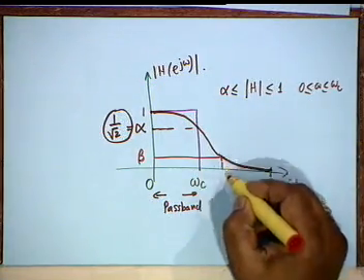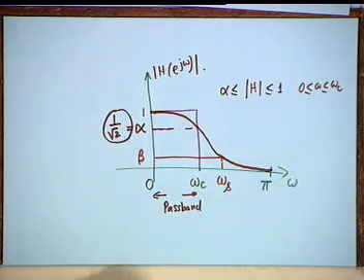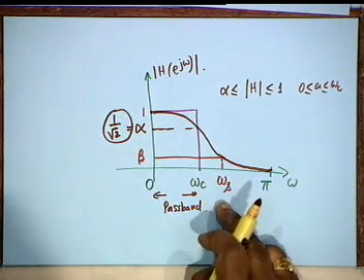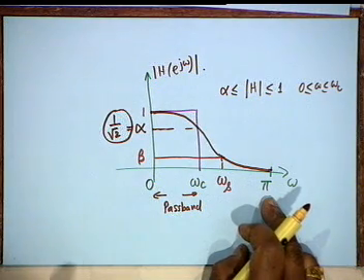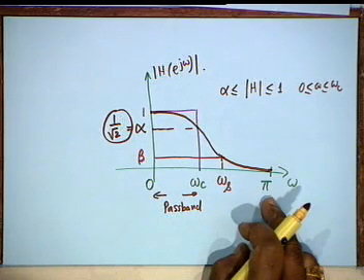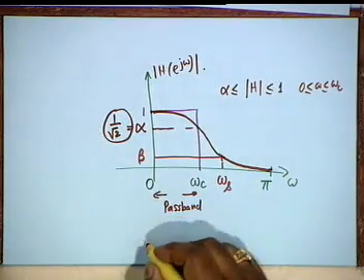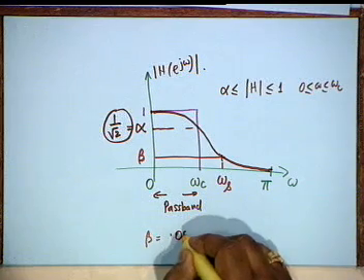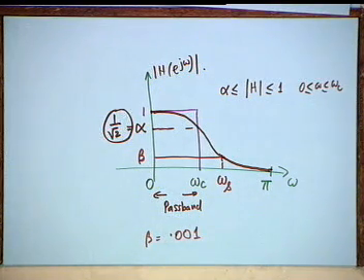and the edge of a stop band omega s, such that between omega s and pi the magnitude response does not go beyond beta. For example, if beta is 0.001, that is 10 to the minus 3, then in decibel it corresponds to 60 decibels down. 20 log 10 of 10 to the minus 3 is minus 60.